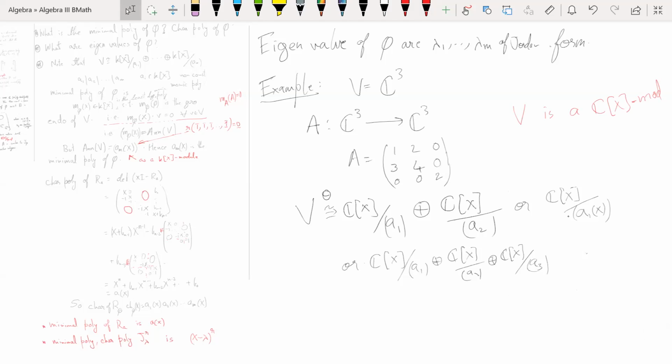There could be three factors, two factors, or one factor. There can't be more than three factors, because each of these factors is at least one dimensional and V is three dimensional. So it has to be one of these three.